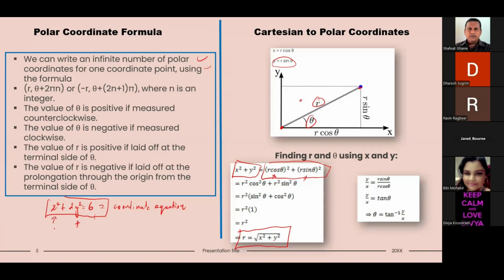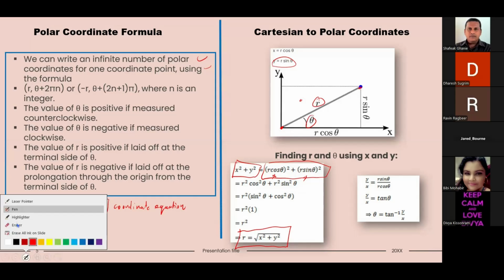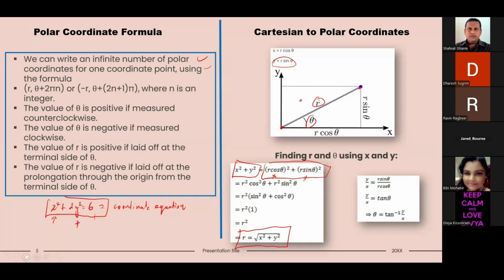All right, so that's going to be (r cos theta) squared plus 2 (r sine theta) squared. That's going to be equal to 6.